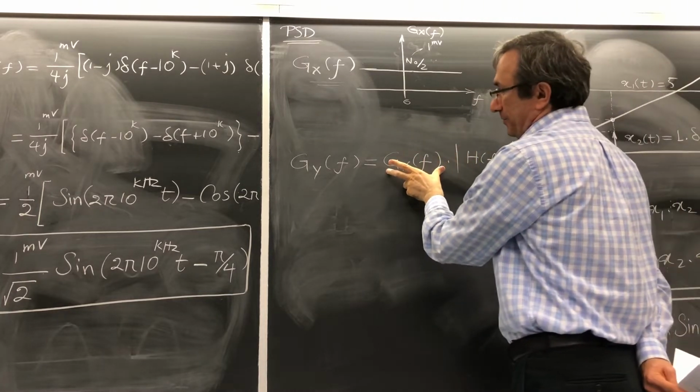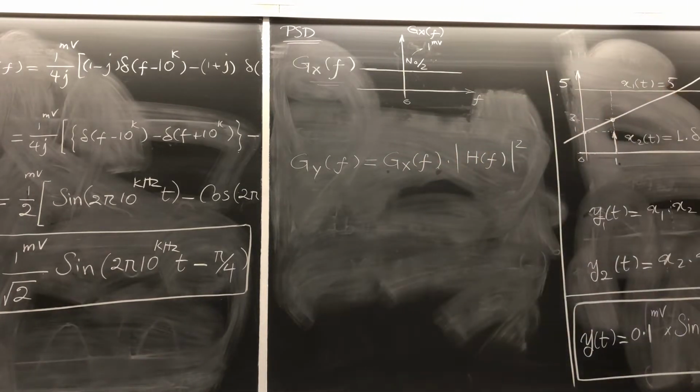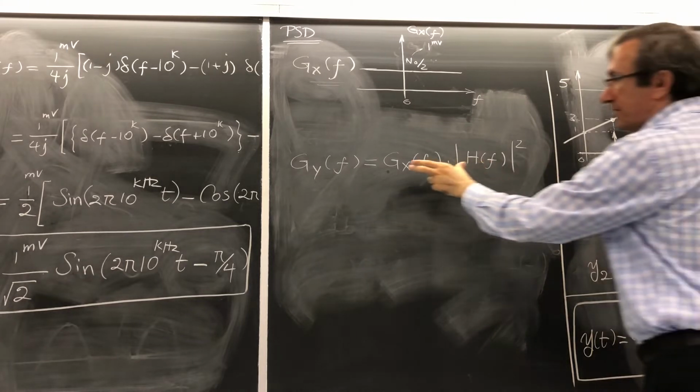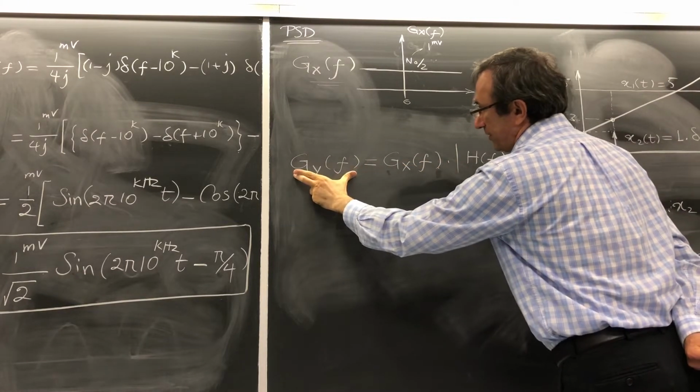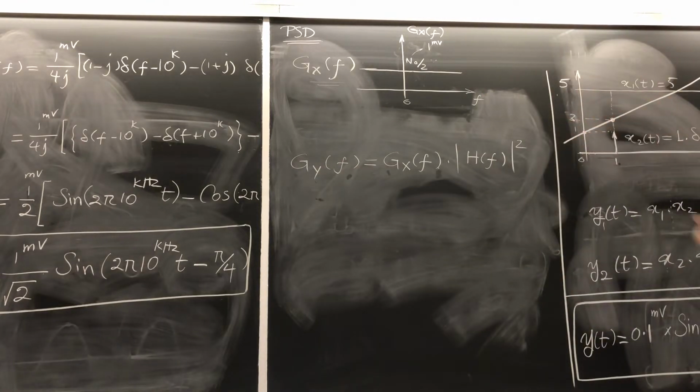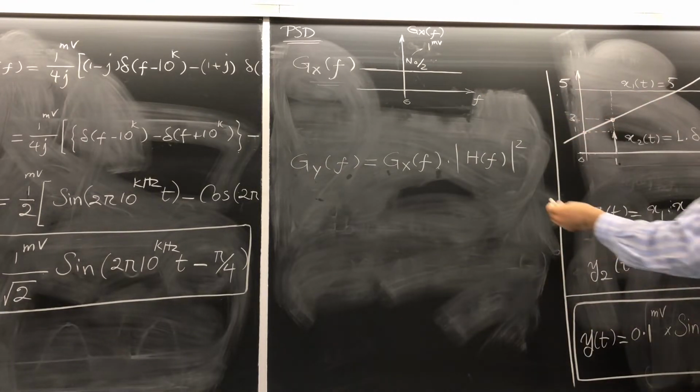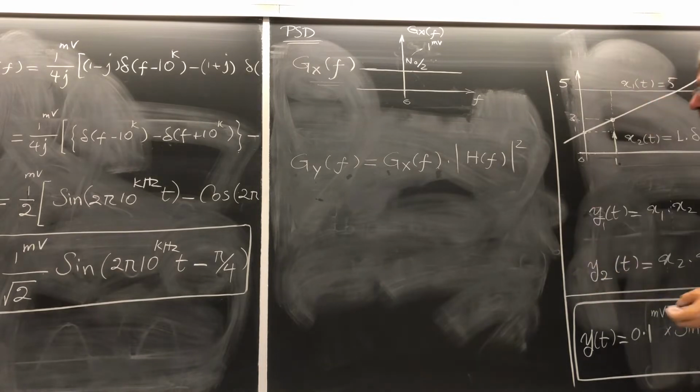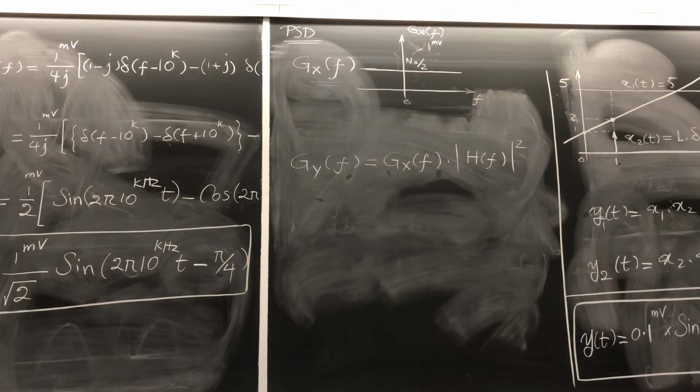PSD is of power type, for which we use the signal squared. So a squared version of the signal, a squared version of the other signal at the input and output, and then the transfer function appears here in the squared form.